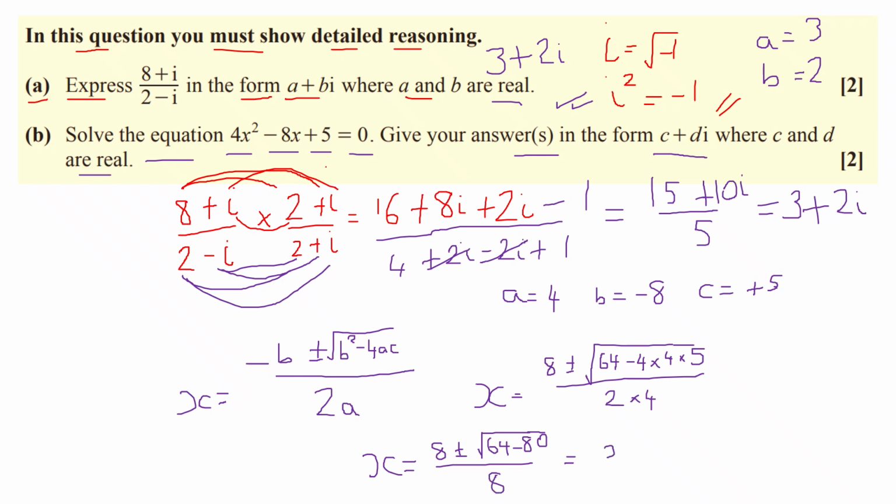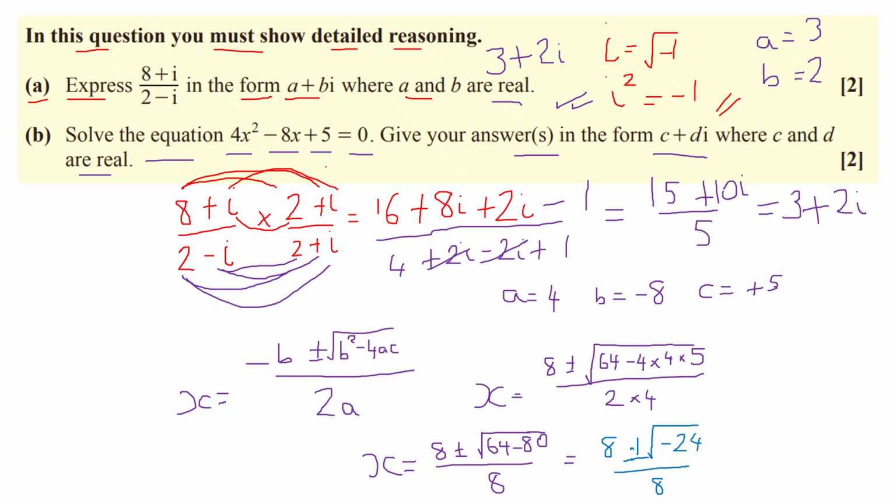I'm going to now simplify the numerator. So we're going to have 8 plus or minus the square root of minus 24, all over 8. Sorry guys, I apologize. So 64 minus 80.